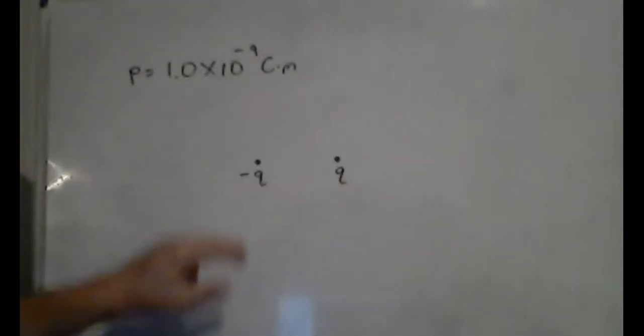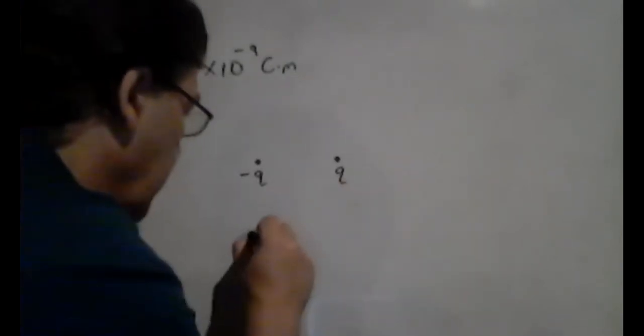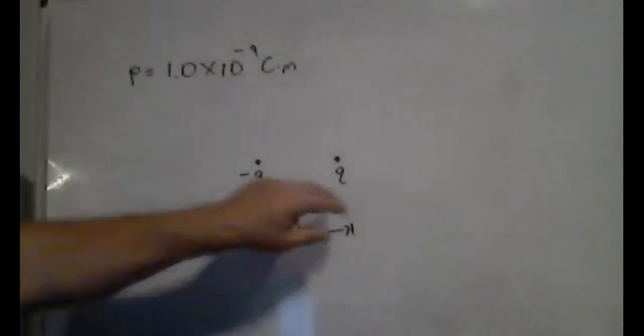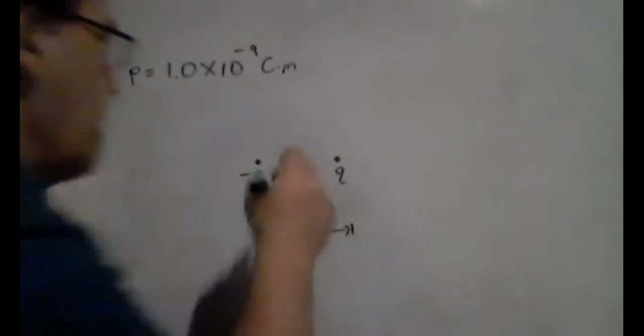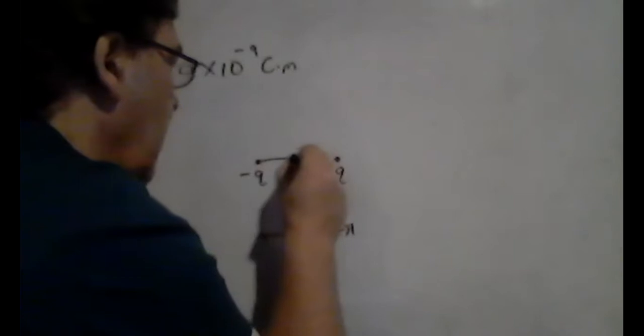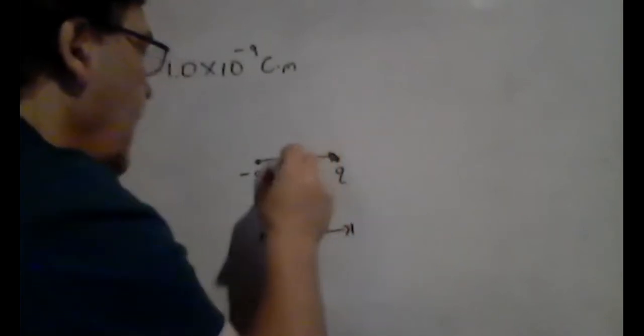I want to take one of those major distances, 1 meter across in my grid, and place my Qs that way. Again, my dipole is going to go from the negative to the positive. That's my P.